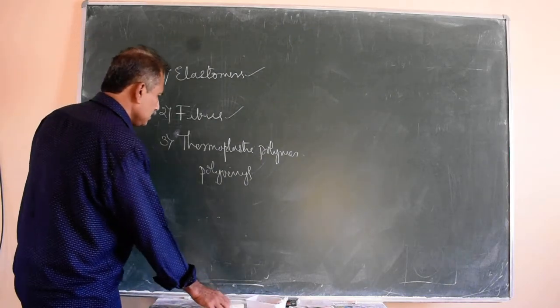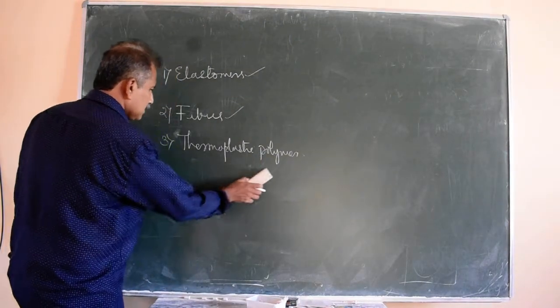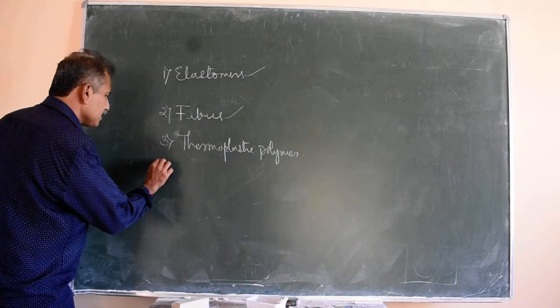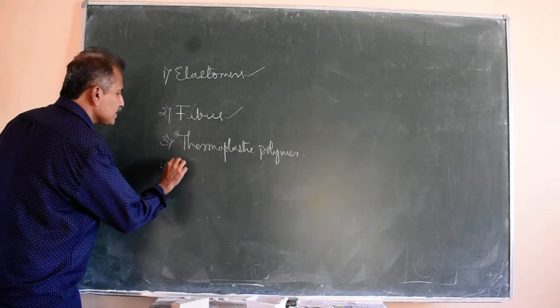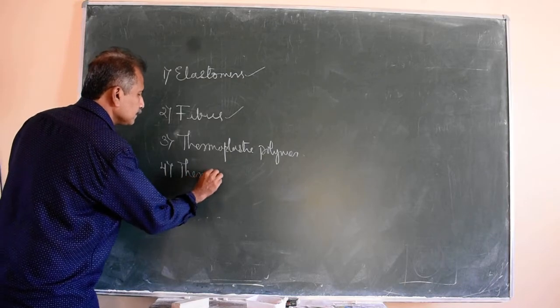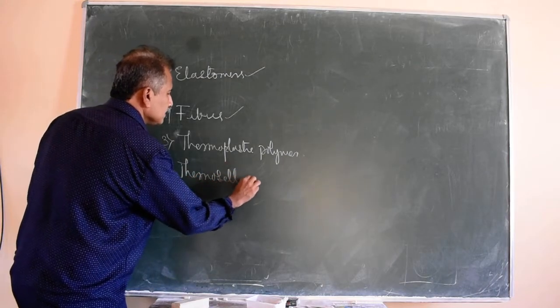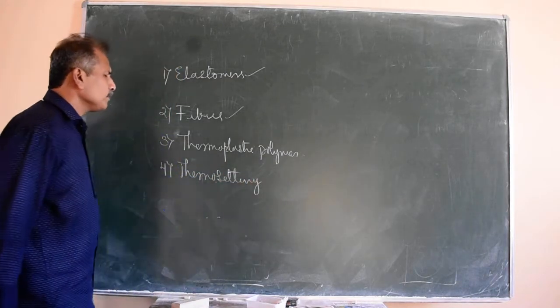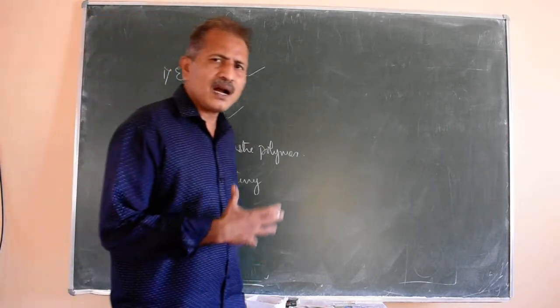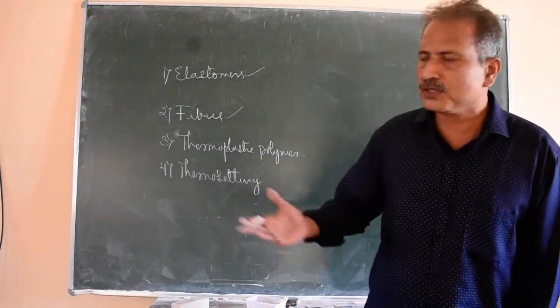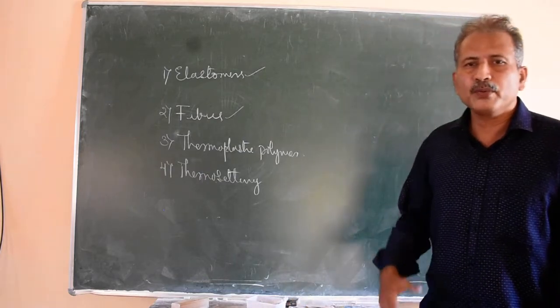And the last one, as far as this classification goes, is thermosetting polymer. Thermosetting polymers contain highly cross-linked and branched chains, you can say. So when you heat them, what happens?